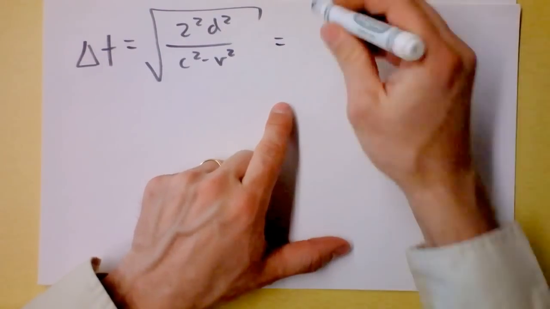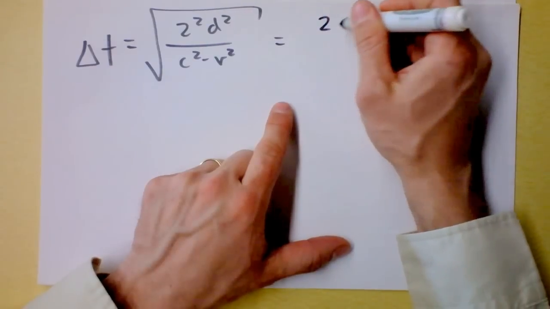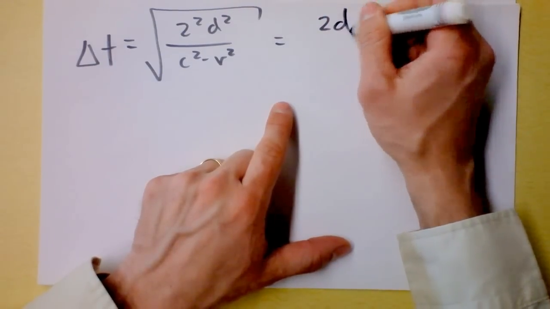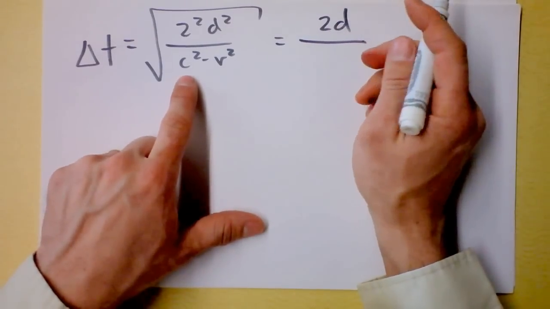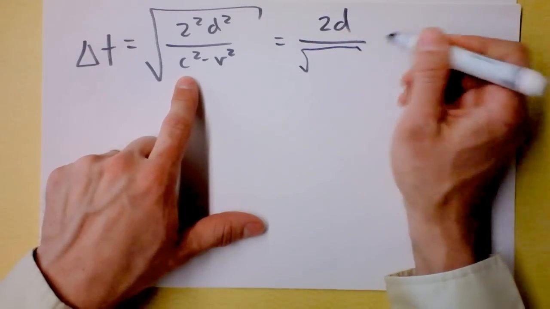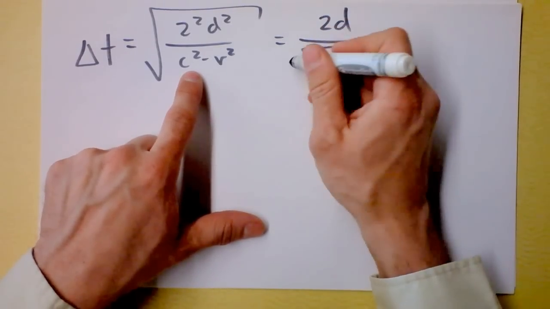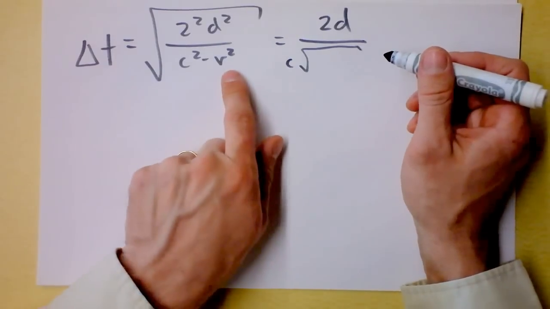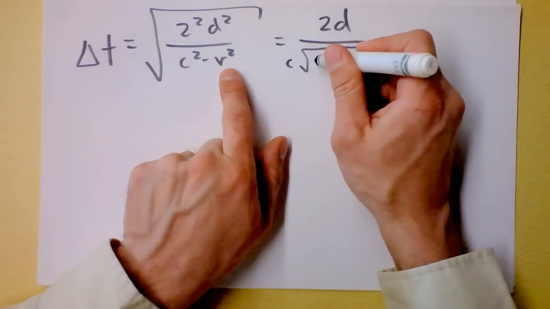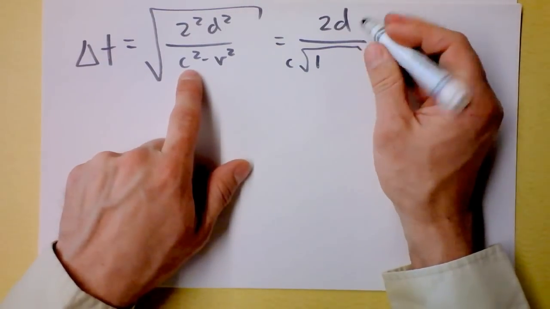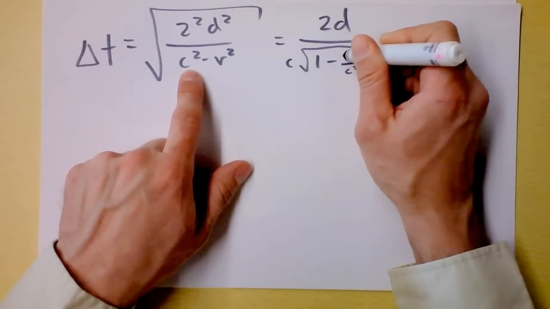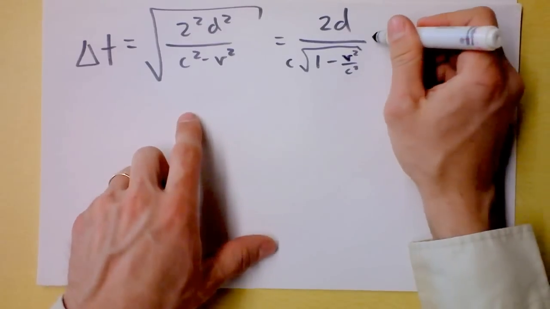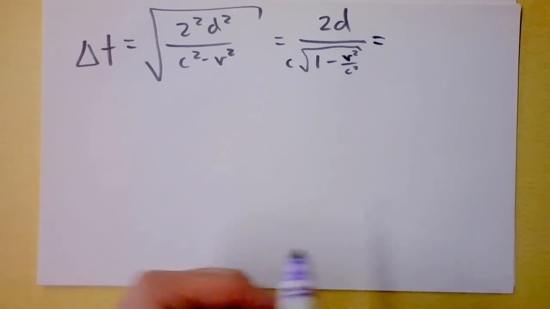First of all, we'll cancel out the stuff in the numerator. I get 2 times d, right? And then down here, I can factor out, oh, watch this. This is a little bit fancy. I'm going to factor out a c squared. So I'm actually going to get a c down in the denominator here. And I'm going to say that this is 1, because I factored out a c squared, minus v squared over c squared. And v squared over c squared is such a special number in special relativity.